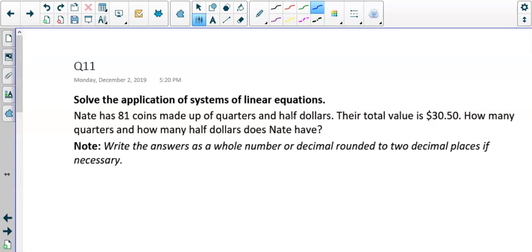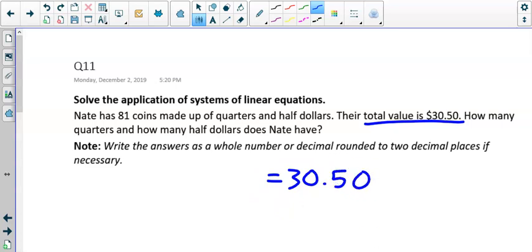Because we have the word what? You said it a moment ago. Total. If you have totals, you are writing standard form. There's one of them, equal to 30.5.